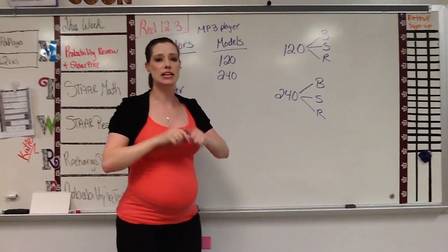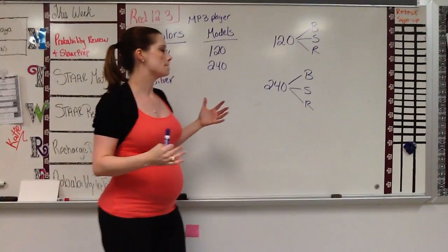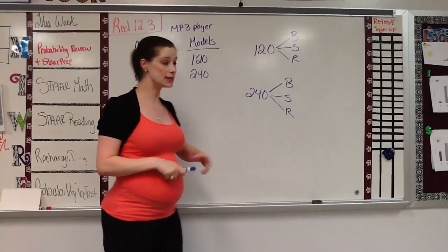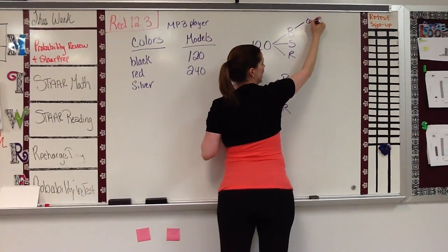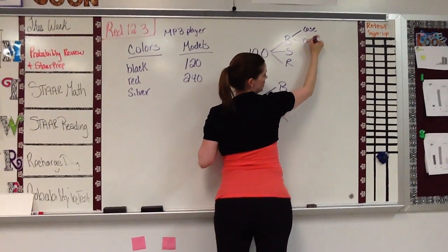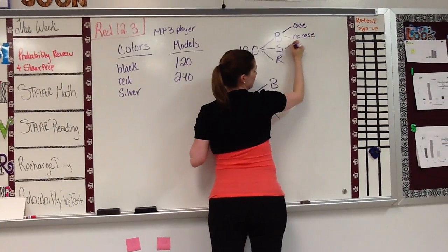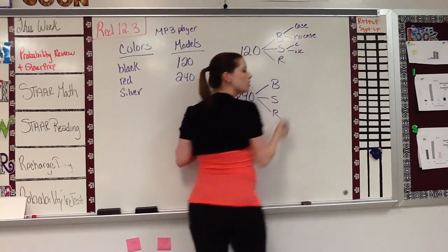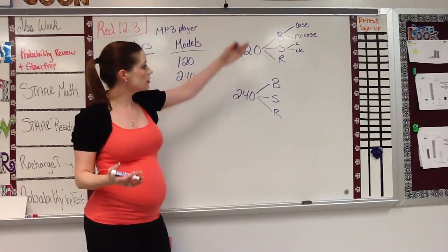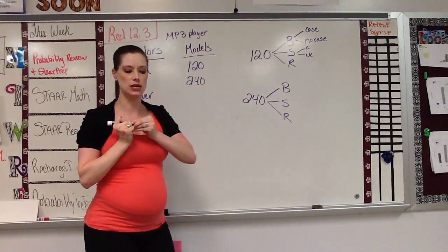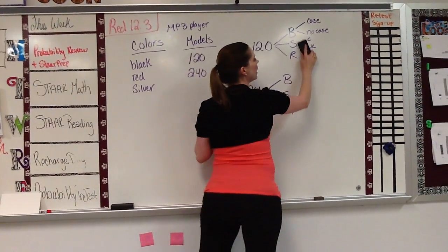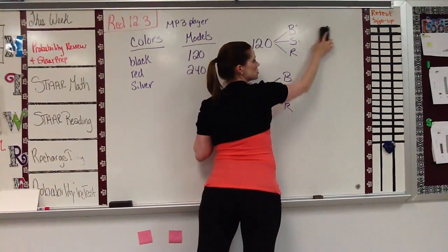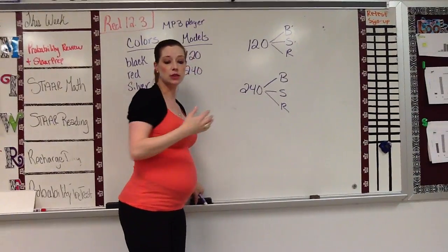If there were additional options like a case or no case, then from here you could come out and say case, no case. That's not in our exact answer, but that would be how you would continue a tree diagram.